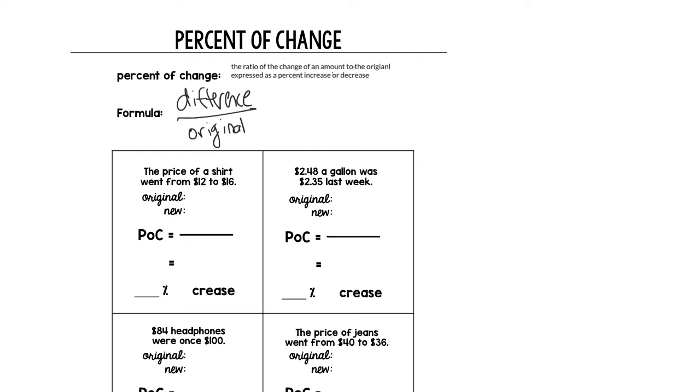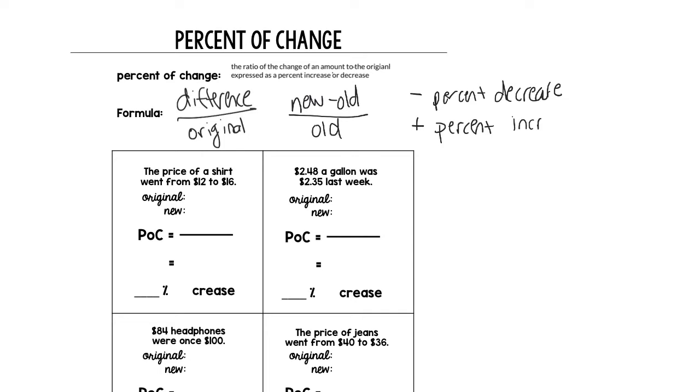I do, as my rule, new minus old over old. When you do that, if it's a negative number, then it's a percent decrease. If it's a positive number, it's a percent increase. Okay, pretty straightforward.